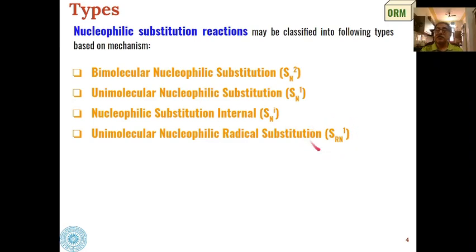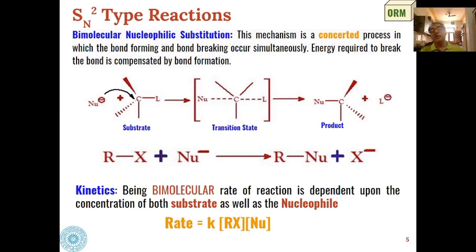This is the SRN1 type of reactions, and this is also known as single electron transfer reactions, called the SET mechanism. So in different lectures we will discuss these mechanisms and the reactions of these categories one by one. In this present lecture we will be discussing only SN2 type of reactions.